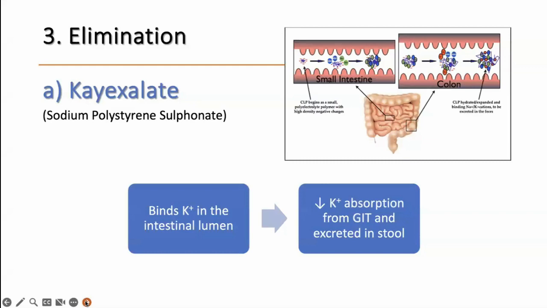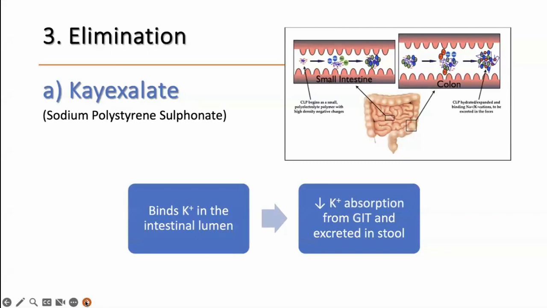There are actually no clinical studies looking specifically at the efficacy of K-oxalate in the management of hyperkalemia, but it's thought to bind potassium in the intestinal lumen and prevent it from being absorbed into the gastrointestinal tract. So it's then promoting its excretion in the stool.